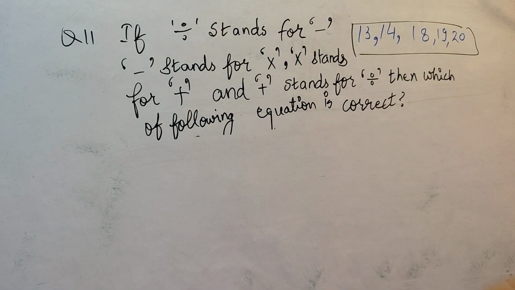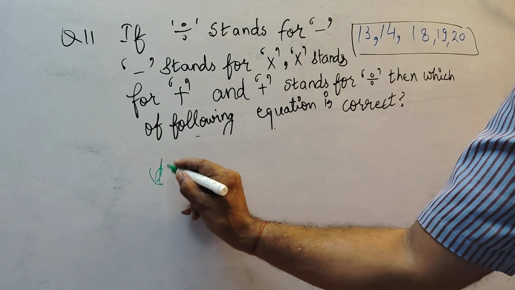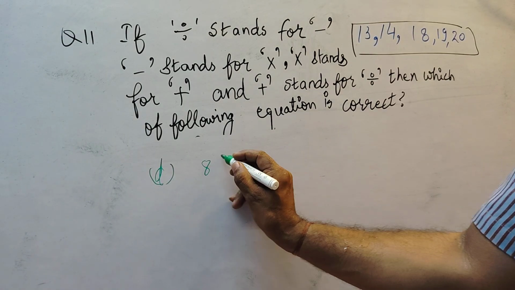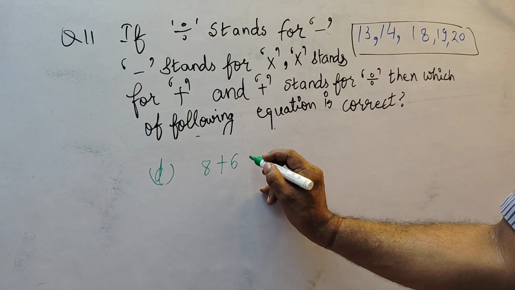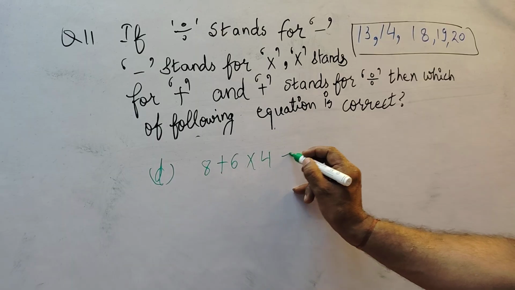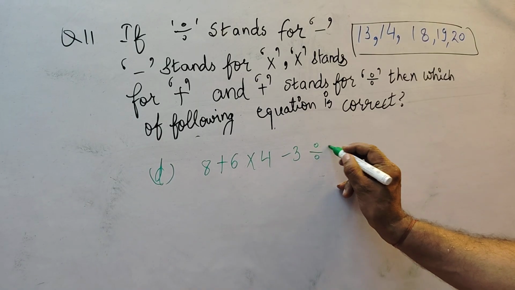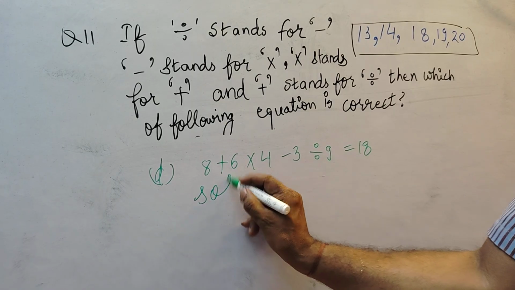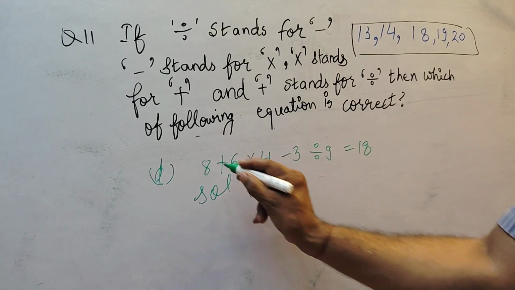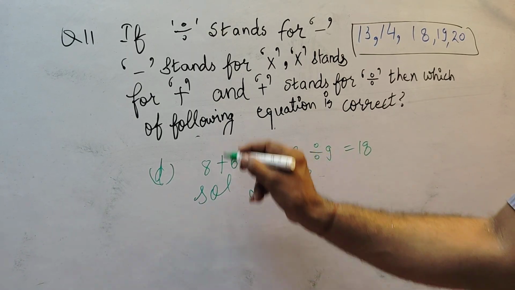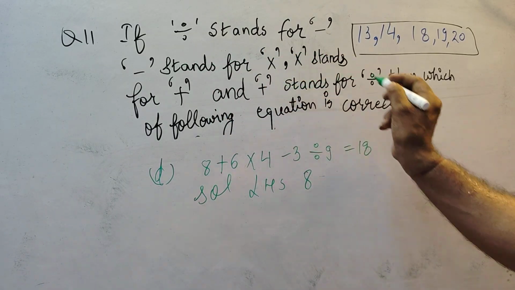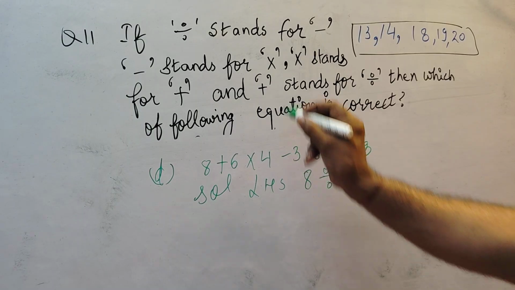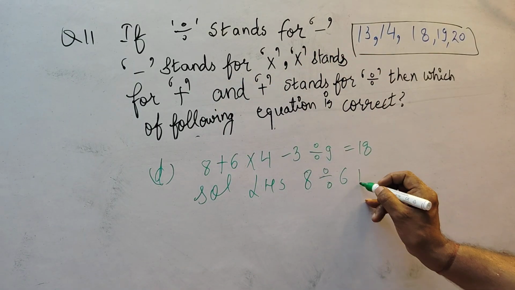Sometimes a multiple choice question is also available, so we can check the D option also. 8 plus 6 multiply 4 minus 3 divide 9 equal to 18. In the solution, we solve the left hand side first. Plus is replaced with divide sign, and multiply is replaced with plus sign.